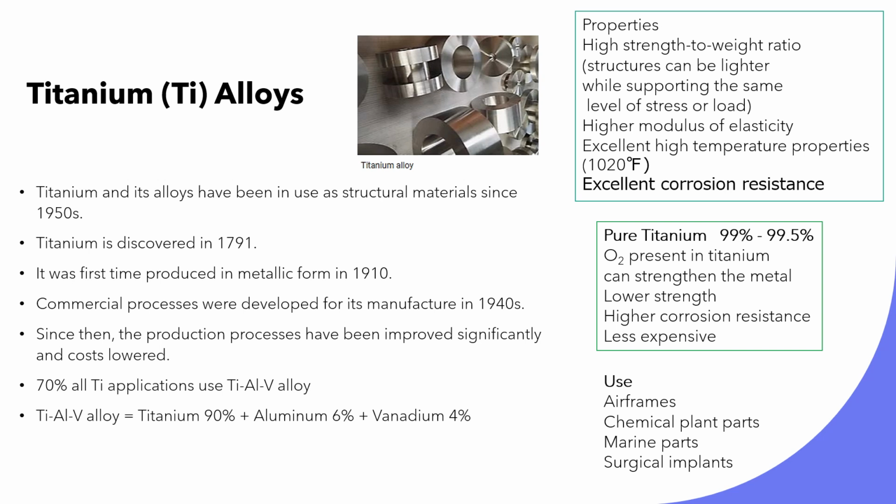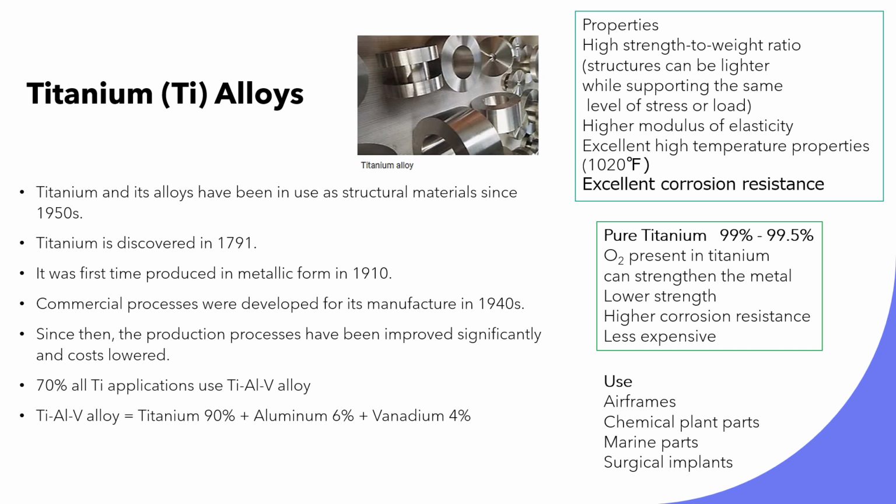70% of titanium use is in the titanium, aluminum, vanadium alloy. Its composition is 90% titanium, 6% aluminum, and 4% vanadium. That is still pretty good because you have about 90% titanium.